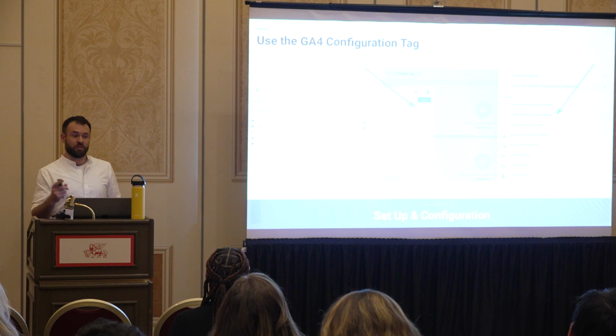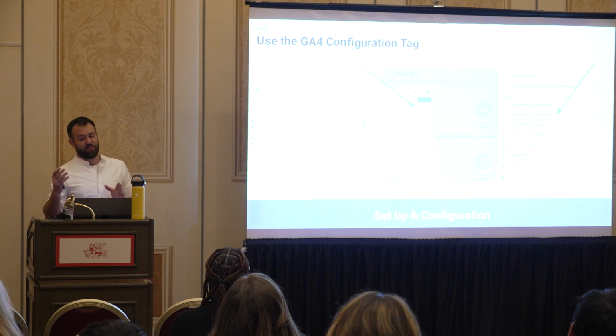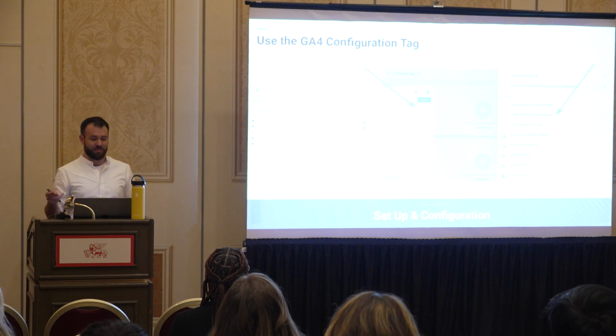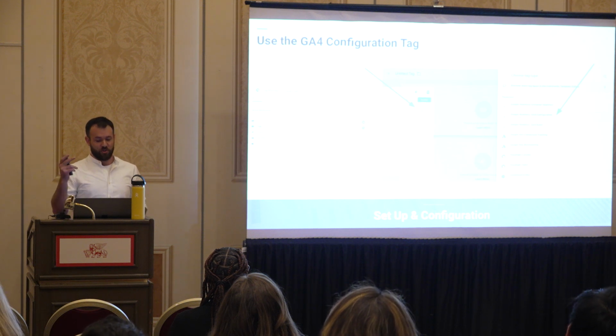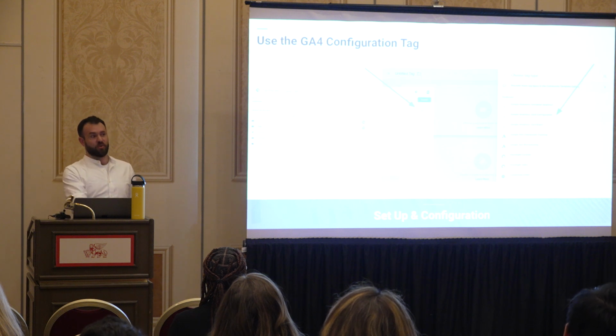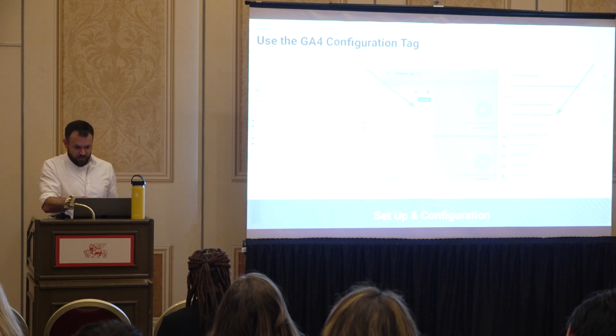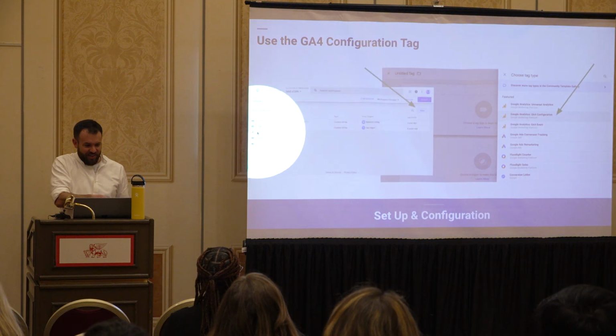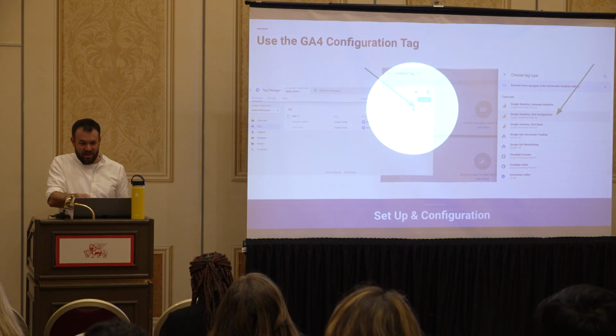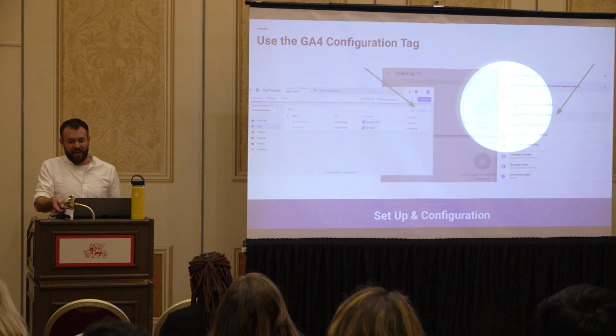In order to get Google Analytics 4 set up on your website via Google Tag Manager, we need to go into both platforms. We need to create a new tag here in Google Tag Manager, so you can create a new tag here, and it will give you a handful of options.